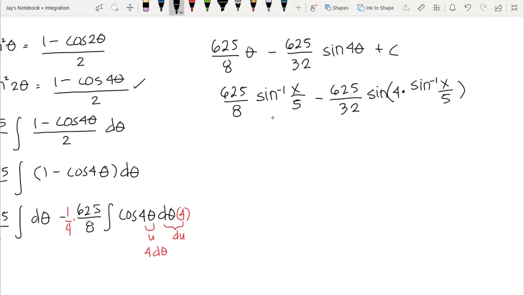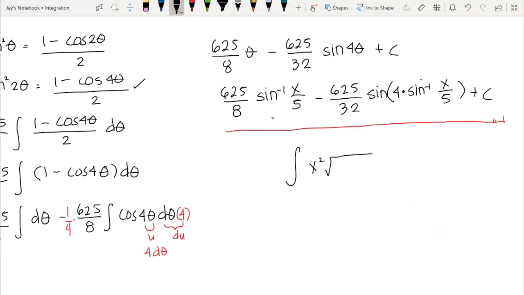Okay? So we have plus c. So this one now is the answer for the integration of x squared square root of 25 minus x squared dx. And that ends our discussion for trigonometric substitution.